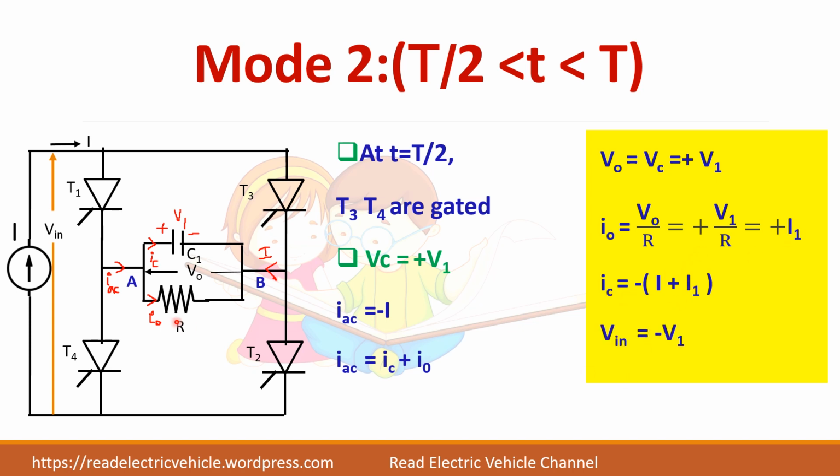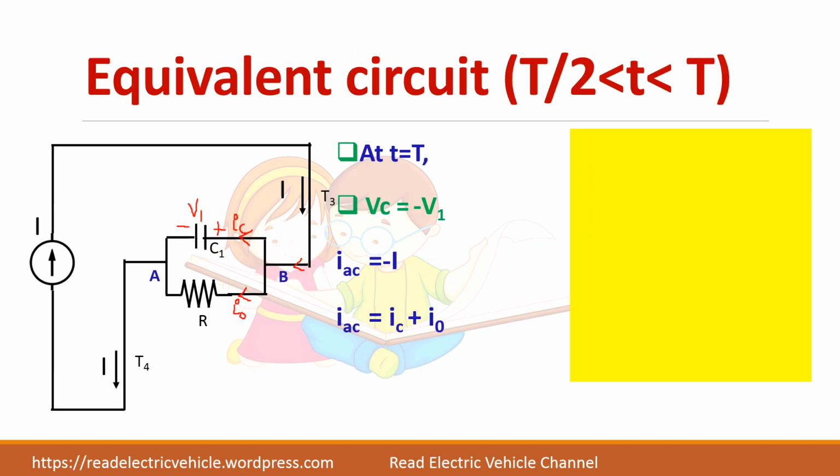And Vin is, now you see T3 and T4 are conducting, so Vin is now connected to point B. So this end is connected to point B, and we consider the voltage to be minus V1. So this is the equivalent circuit during mode 2, with T3 and T4 conducting.